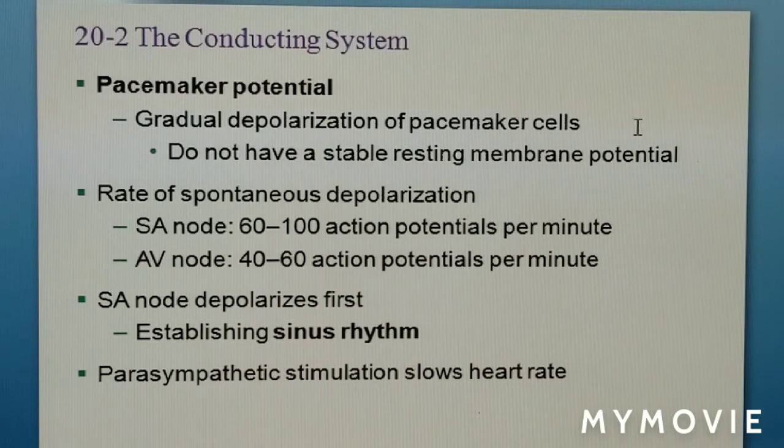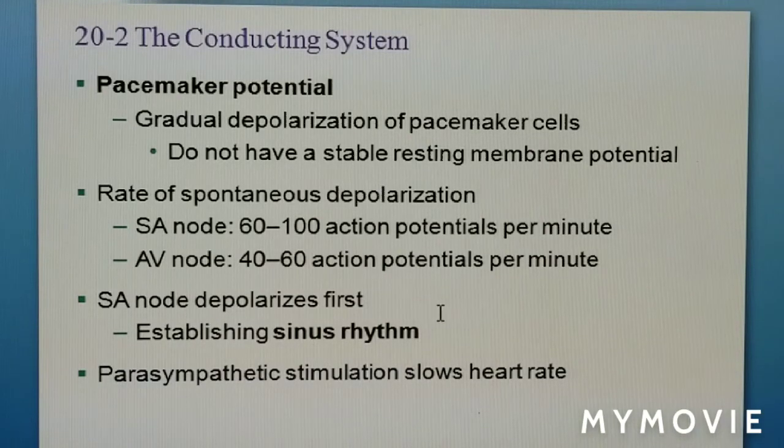And just as a note, you remember we talked about the absolute refractory period, during which we couldn't have another action potential because the chemistry needed to redevelop or rediffuse in the area. There wasn't enough chemistry to fire it off. So what it's saying here is we've got 60 to 100 action potentials per minute in the SA node, 40 to 60 action potentials per minute in the AV node.